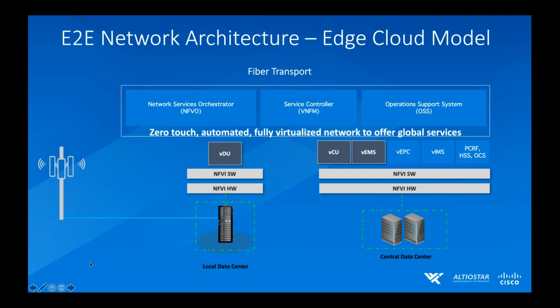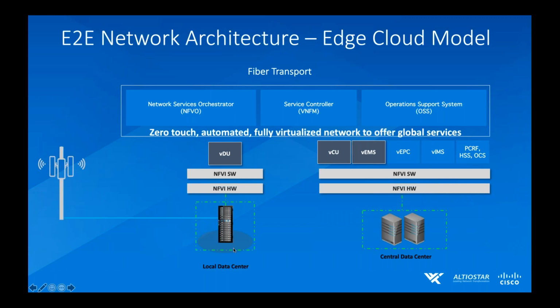Typically the way you have to look at the VDU is, the more you pool, the better the savings in terms of CapEx and OpEx. And there are more interesting things you can do in terms of MEC functionality, carrier aggregation or uplink CoMP. So there are always benefits in terms of pooling and aggregating as many VDU functions as possible.